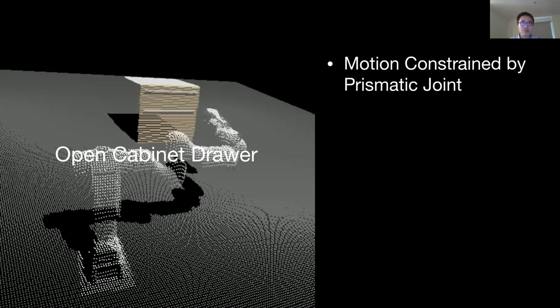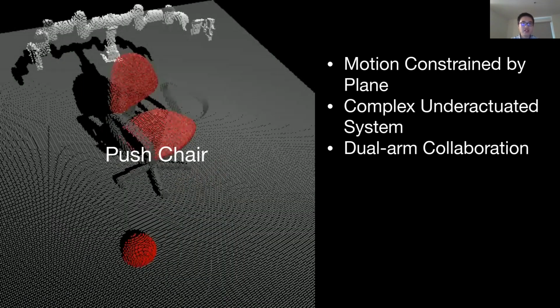Note here, we do not restrict the ways to open the drawers. You can either open it by grasping the handle or by dragging the side of the drawer, as long as the policy can reach the desired goal state. In the push chair task, two robot arms need to collaborate and push the chair to a target position indicated by a red ball.